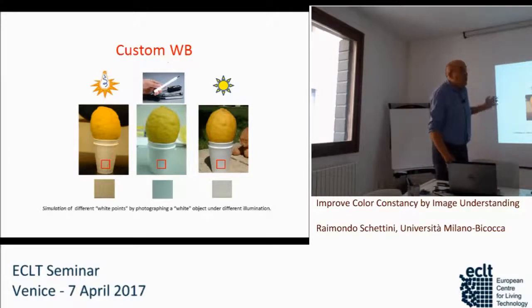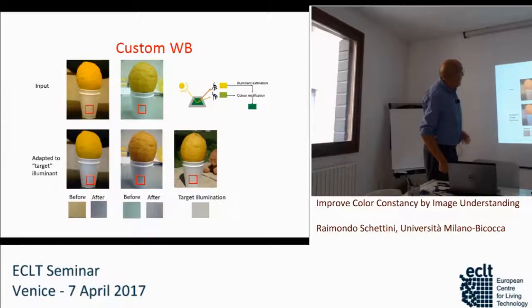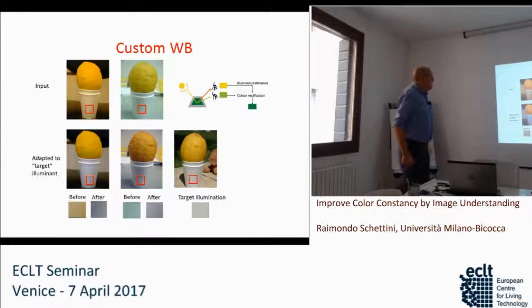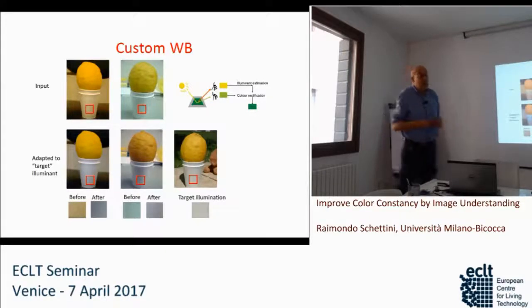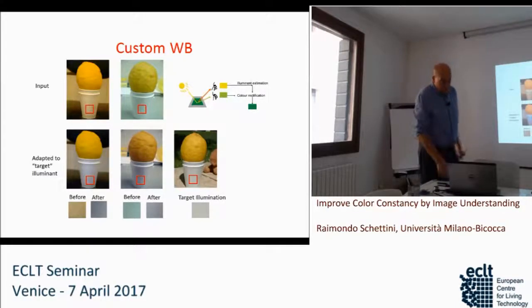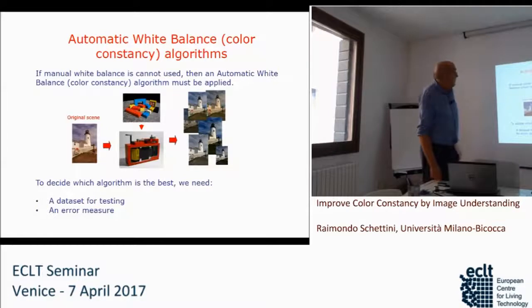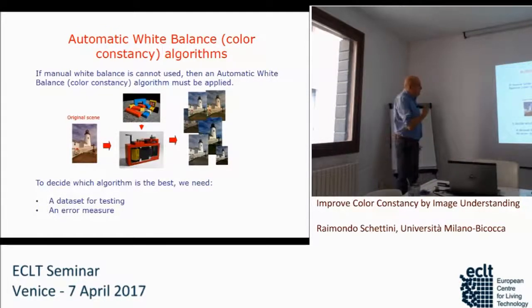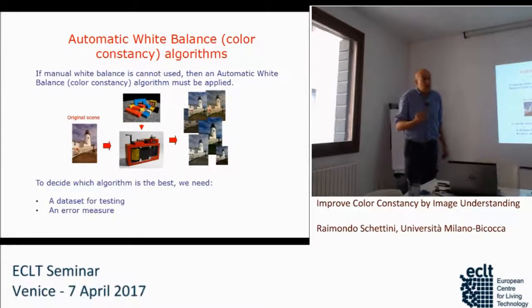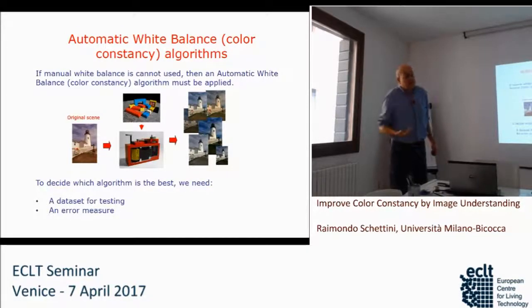I want this white object to be pure white. In that case, you can do that. Obviously, you cannot do it frame by frame, no? So you need something automatic. We have an algorithm that automatically defines the illumination and discounts it.